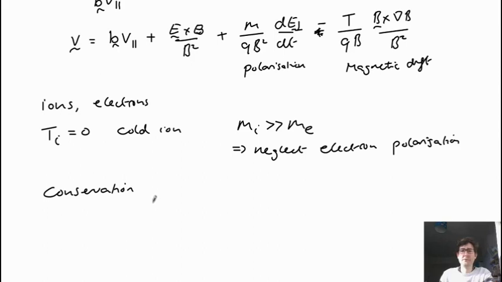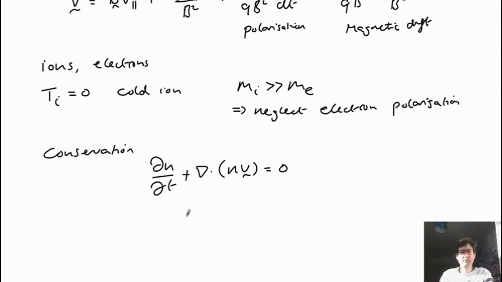So conservation of particles is just dn by dt plus the divergence of any flows, n times v, is 0. This could be u, I guess the fluid flow really. This just says that the total mass, so integrated over the volume, is constant, and then we have the quasi-neutrality, so just divergence of J is equal to 0.